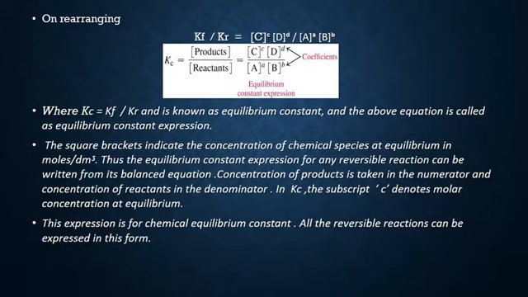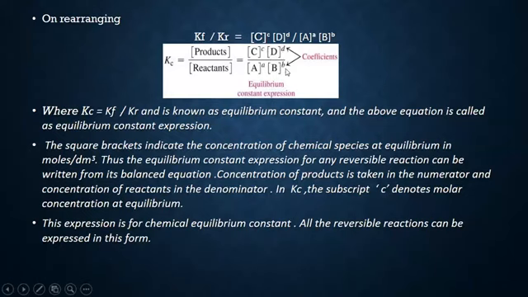Here Kf over Kr is equal to Kc, which is equal to products over reactants, that is, C to the c, D to the d over A to the a, B to the b.